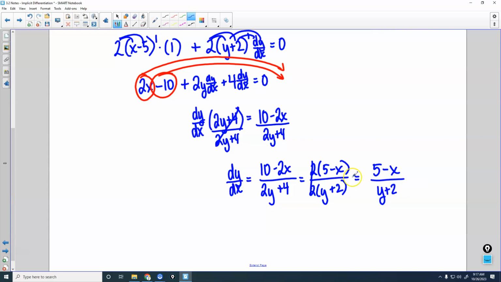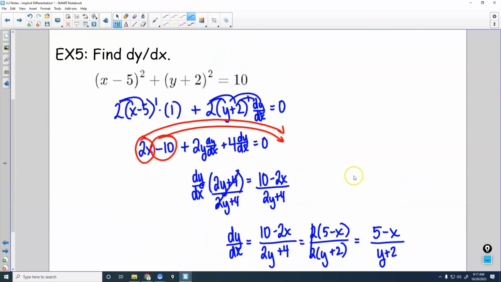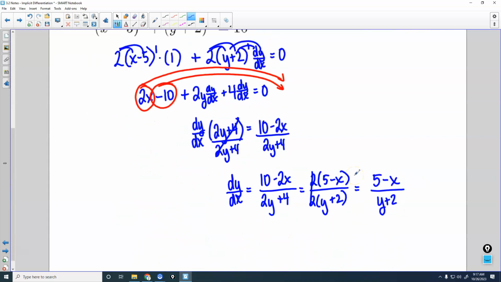So did I get the same thing? I did not. But is it similar? Yeah. In fact it's really similar. I had negative x over y.